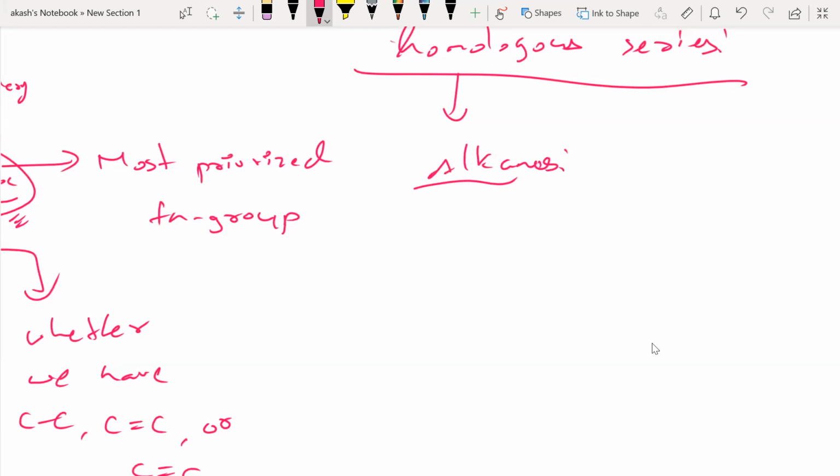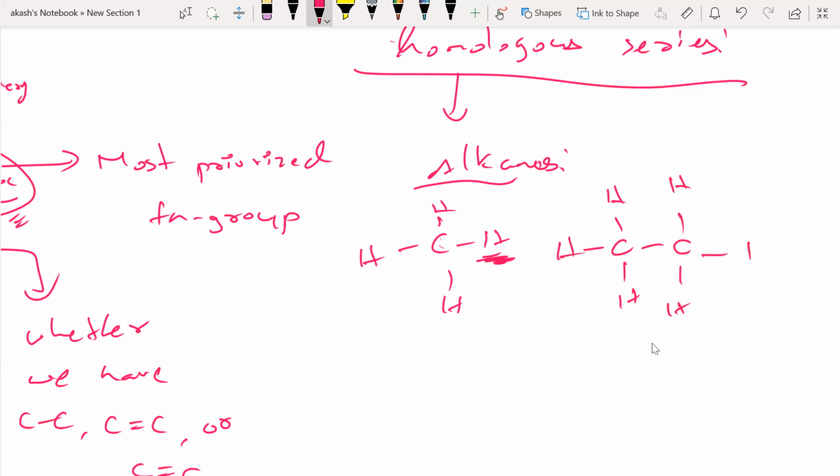I have one alkane, for example CH4. In the CH4, if I replace one hydrogen with a carbon, the tetravalency should be satisfied, so you'll get another H like this.